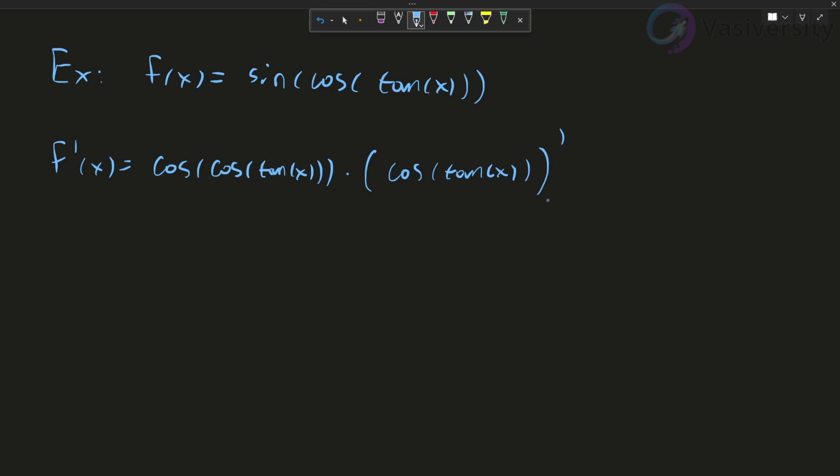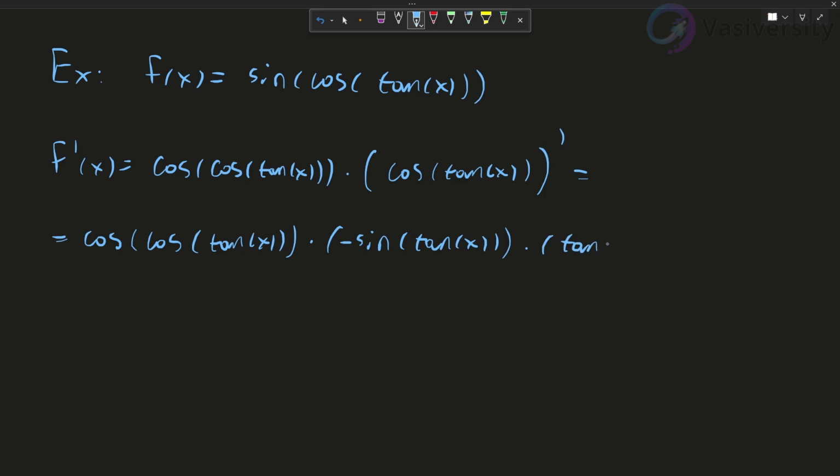So we repeat the process. Now the outside function is cosine. So we have cosine of cosine of tangent of x times negative sine of tangent of x times the derivative of tangent of x. Last lesson, by using the quotient rule, we were able to find the derivative of tangent of x.